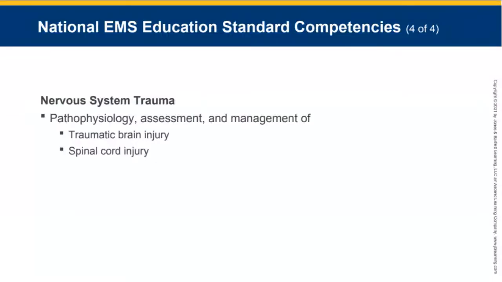This chapter will also cover injury to the nervous system. So we'll be looking at the pathophysiology and assessment and management of traumatic brain injury and spinal cord injury.